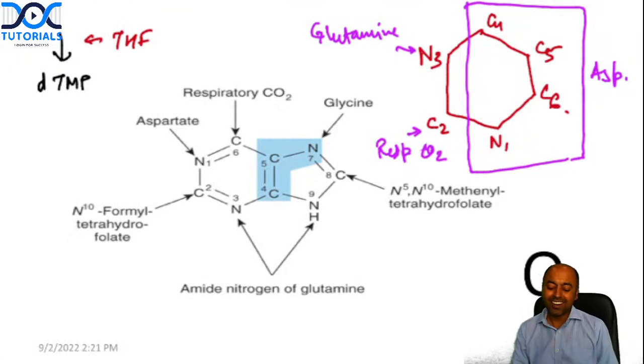So you can see the glycine is not required in pyrimidine synthesis. Glutamine, respiratory CO2, aspartate and tetrahydrofolate are required.